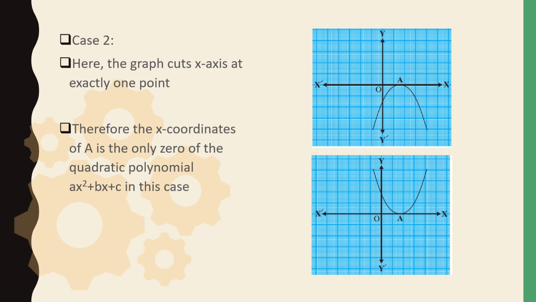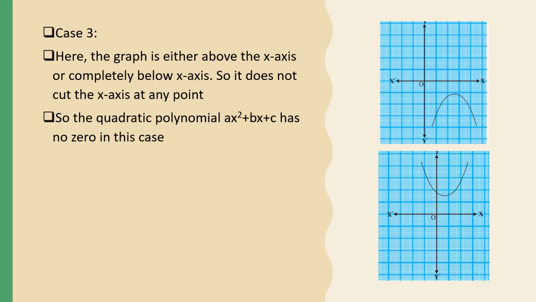This means that you will be having only one zero for this corresponding quadratic polynomial. In case 3, you can see the graph is either above the x-axis or below the x-axis. So, this means it is not cutting the x-axis at any point. This means you won't be having any zero in this particular case.